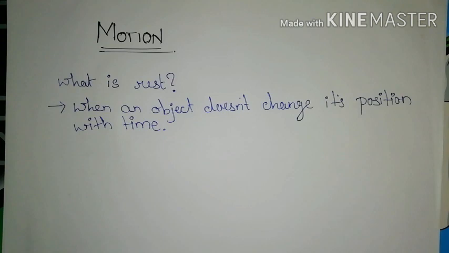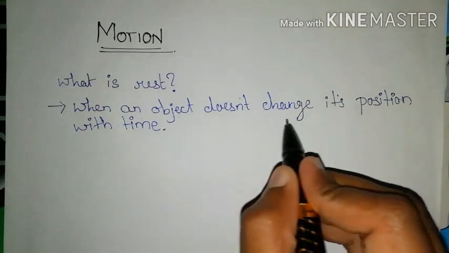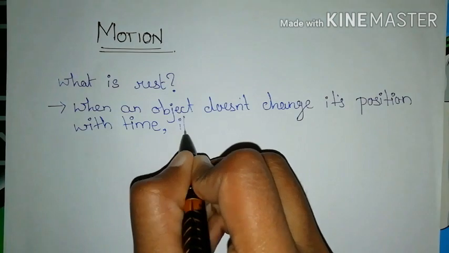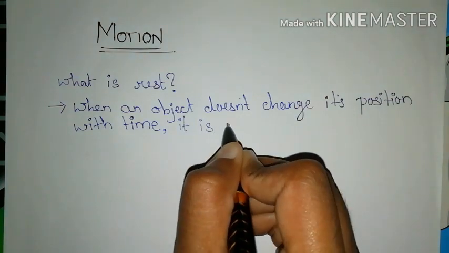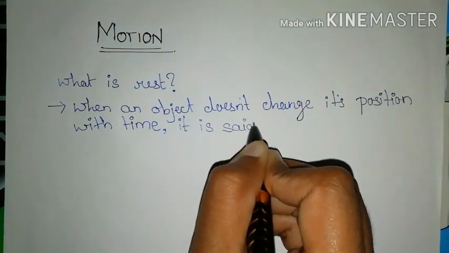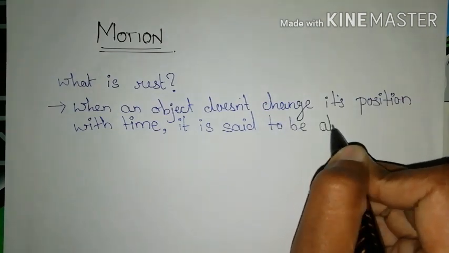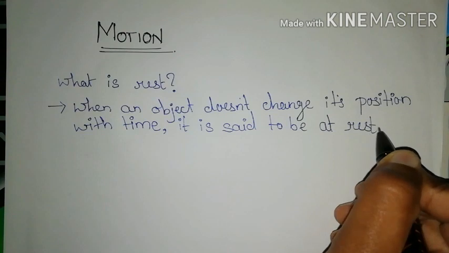So when an object doesn't change its position with time, or doesn't move with time, then we say that it is in rest. So when an object doesn't change its position with time, it is said to be at rest.